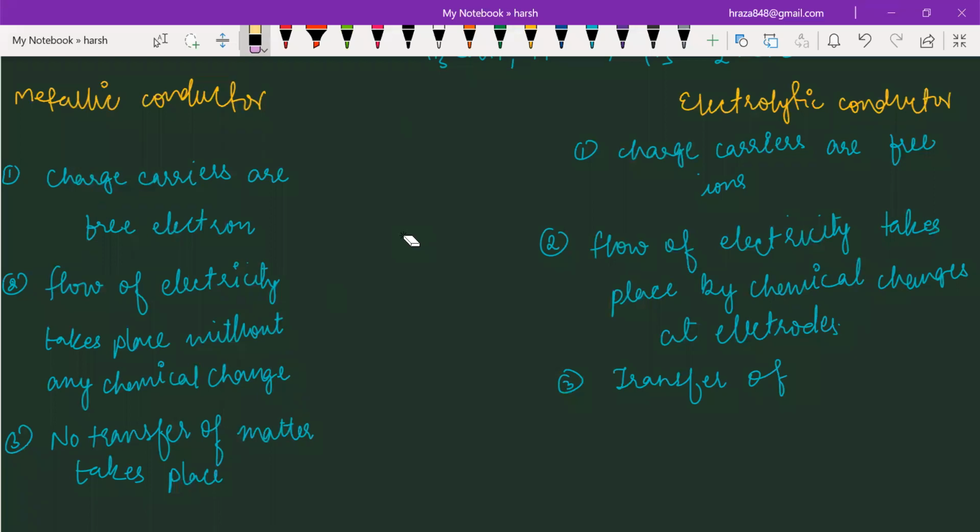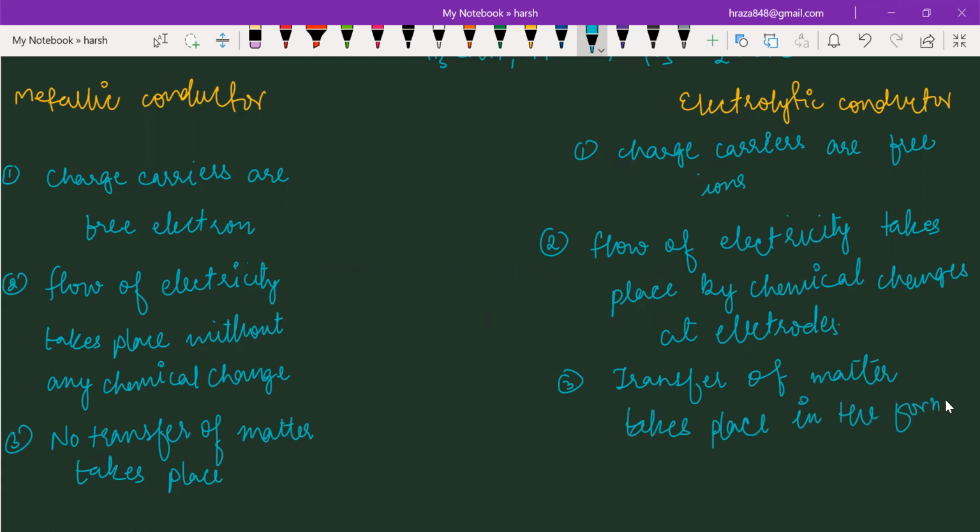Are you getting my point? Yes, sir. So that's why there is no transfer of matter. Now here transfer of matter takes place. In an electrolytic conductor, transfer of matter takes place in the form of ions.